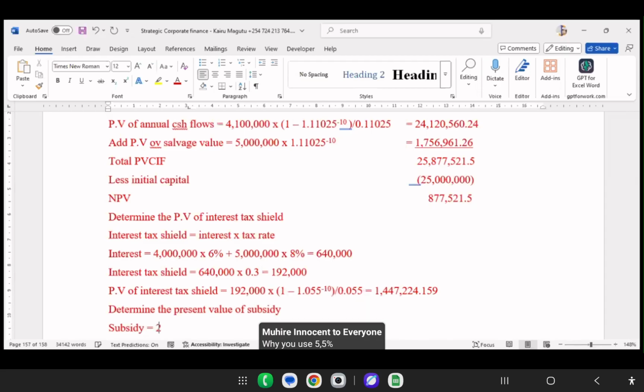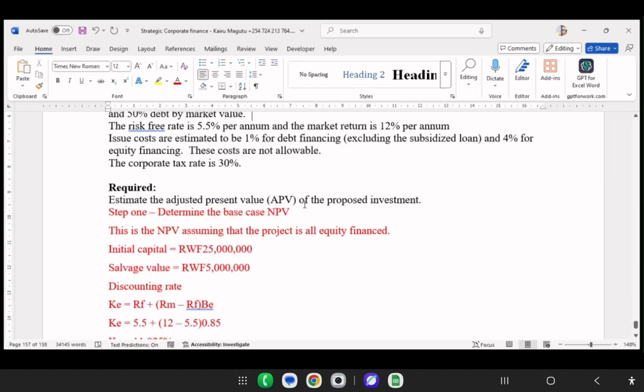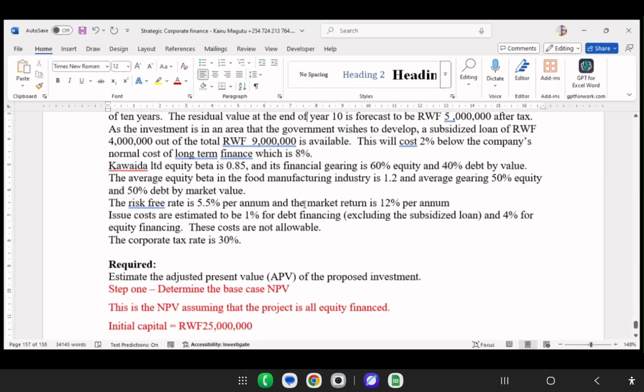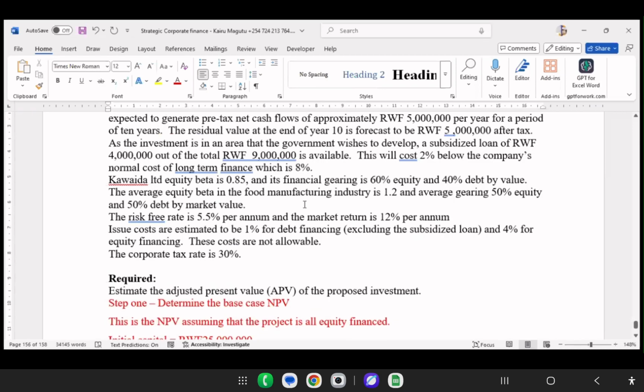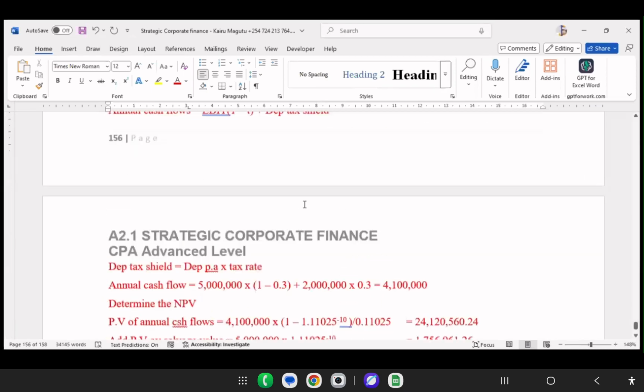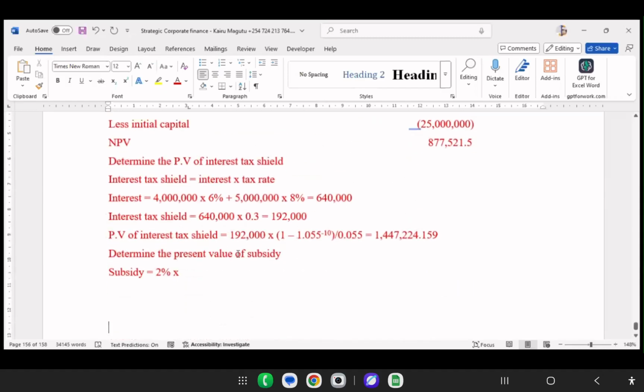We are told that it is less by 2% multiplied by the financing by the government. We are told a subsidized loan of Rwandan francs 4 million. So 2% of 4 million.